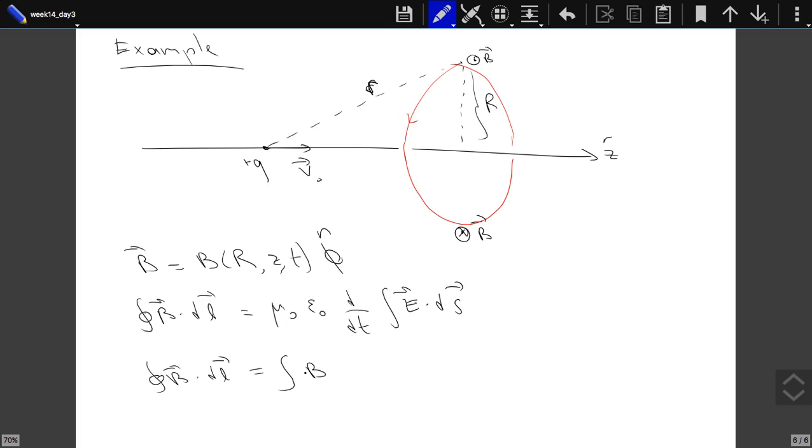Well, B is some component in the phi hat direction. dl, again, just use your right hand. This is the phi hat direction at every point. So dl is also in the phi hat direction. This is the magnitude in the phi hat direction around my loop. So this is 2 pi r times B.